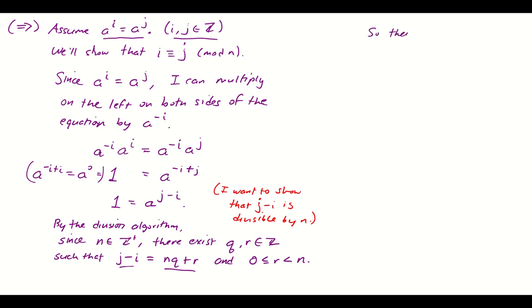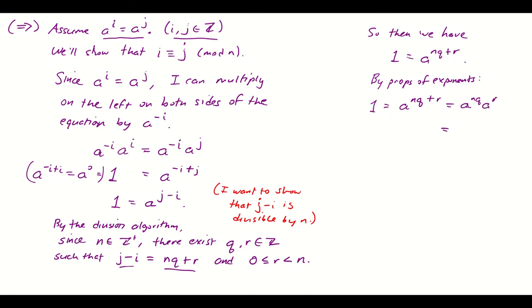So then we have the identity equals a to the nq plus r, because that's the same as j minus i. But then I can again use properties of exponents. I get the identity equals a to the nq plus r equals a to the nq times a to the r, which is the same as a to the n all raised to the q times a to the r.